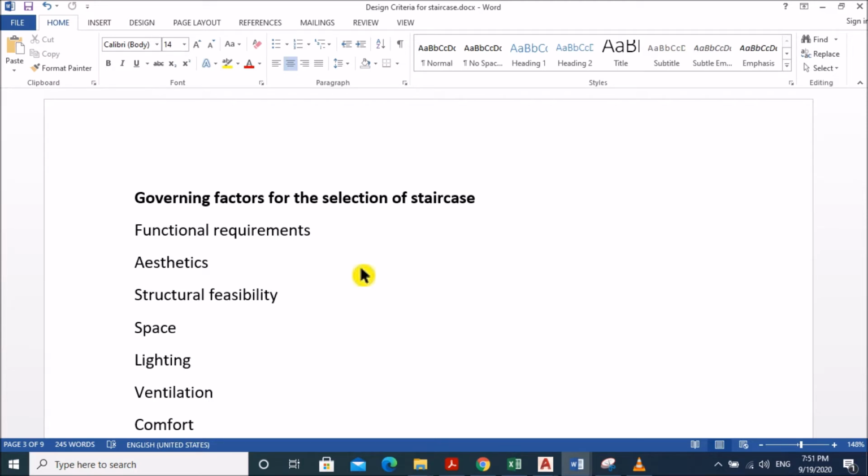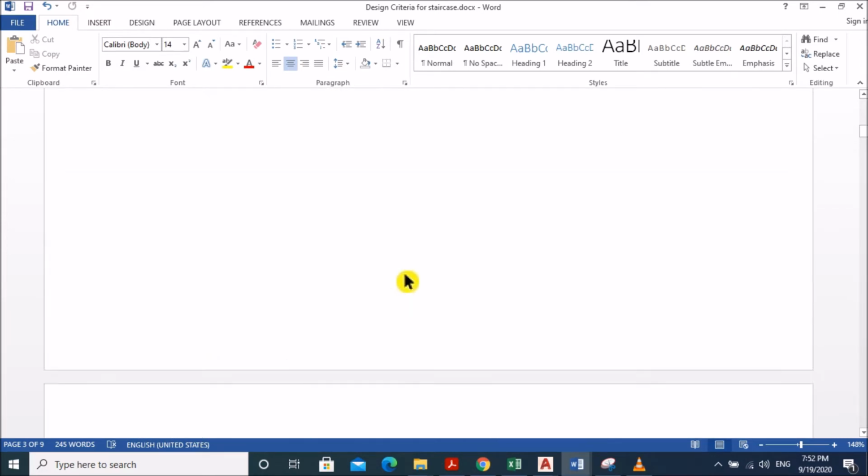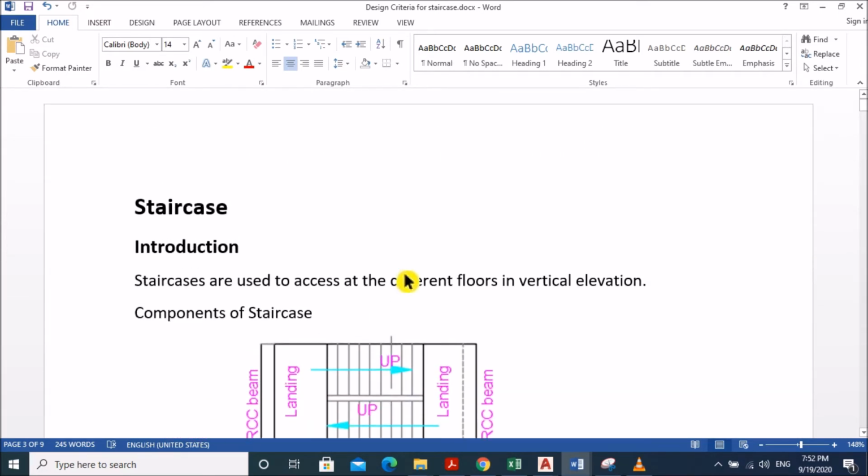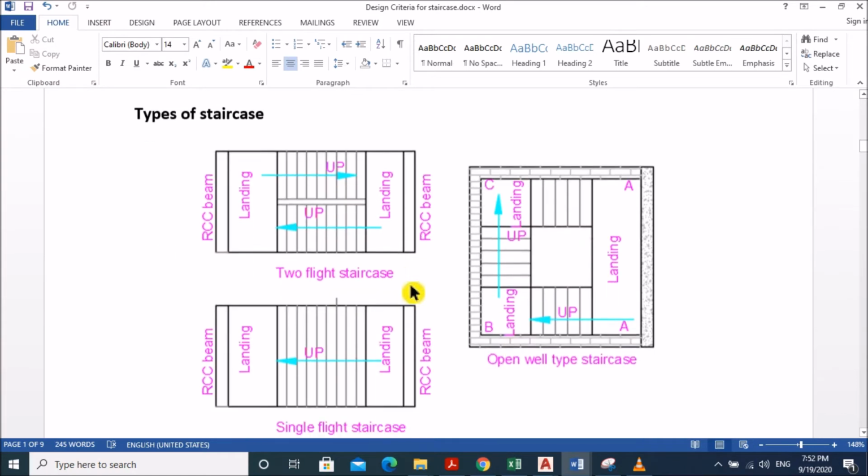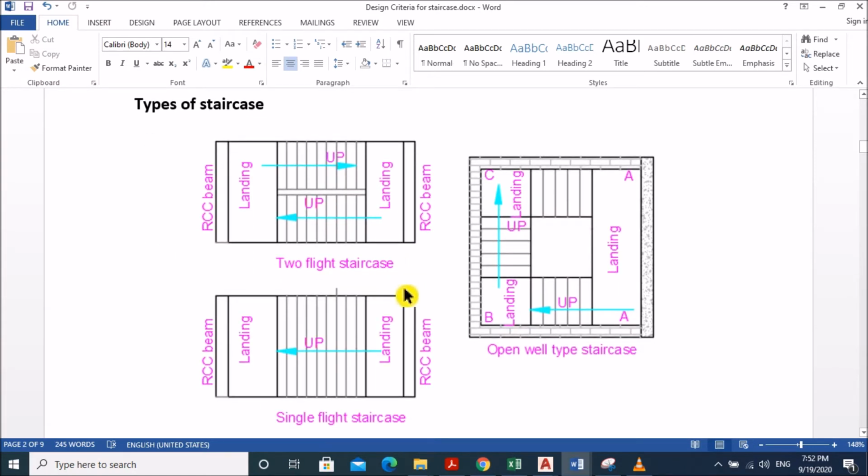Aesthetics: obviously the staircase should look very pleasing for any type of structure. Structural feasibility: the boundary condition of the staircase and how the load paths are generated in the structure, these considerations have to be taken. The space availability: in any type of staircase we choose, the space constraint is one of the main factors.